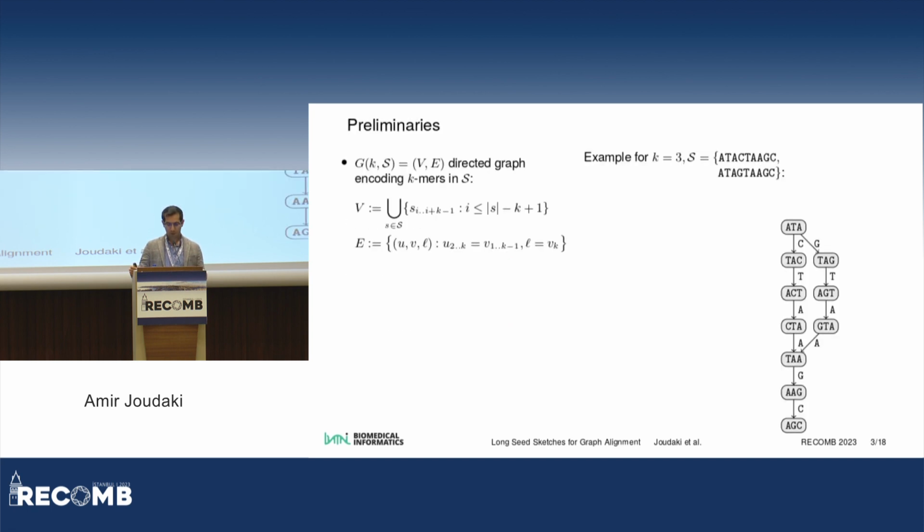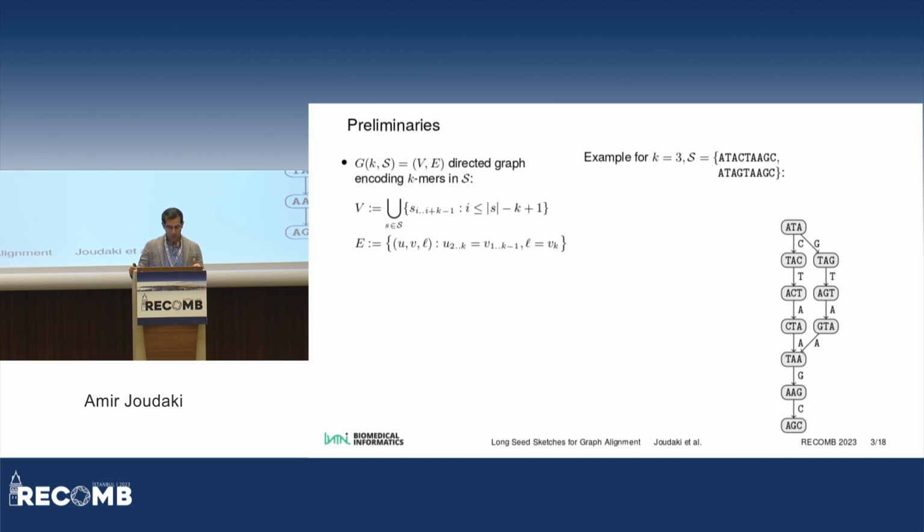Now, let's formalize a bit what the graph model is. Given some integer k and some sequence set s, this is a de Bruijn graph which encodes the sequence content in its vertices and edges. Nodes are just the k-mers in the sequence, and each edge is also associated with some label which encodes your sequence content.